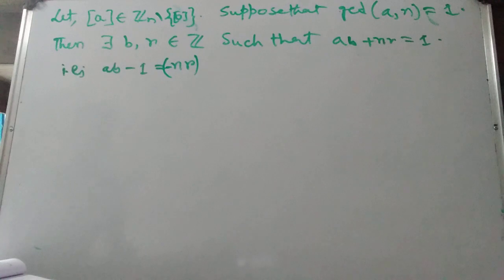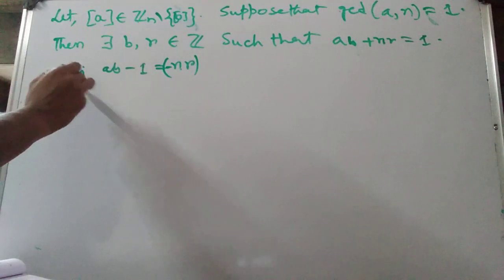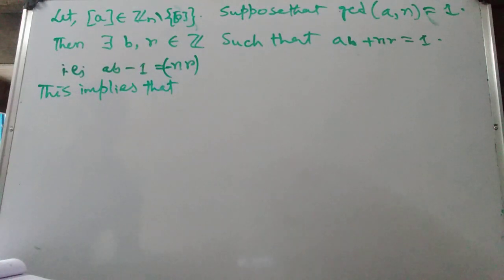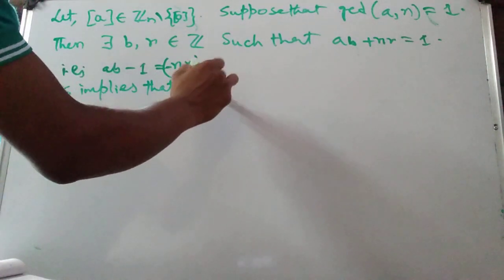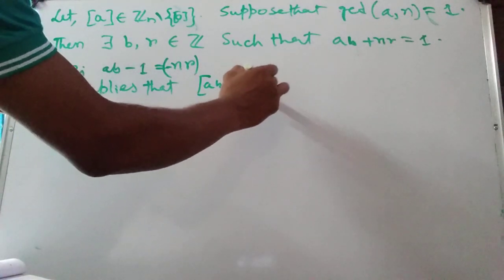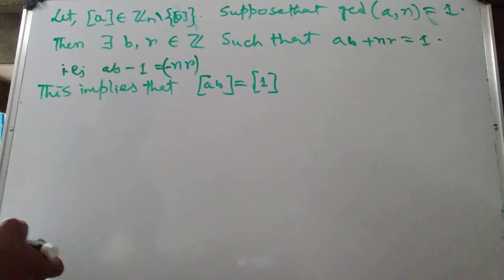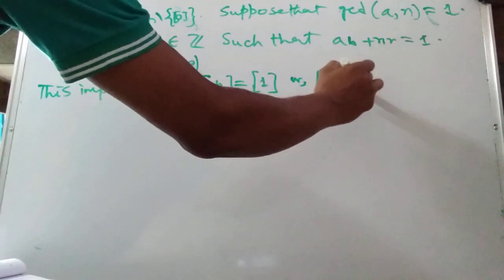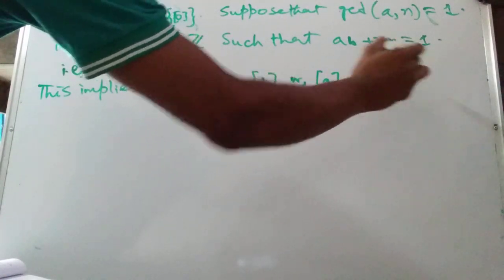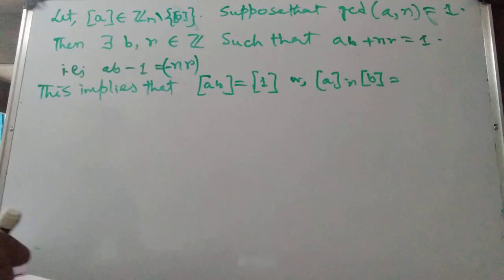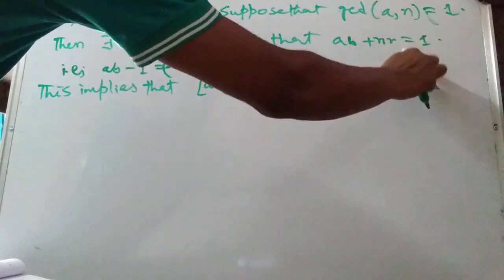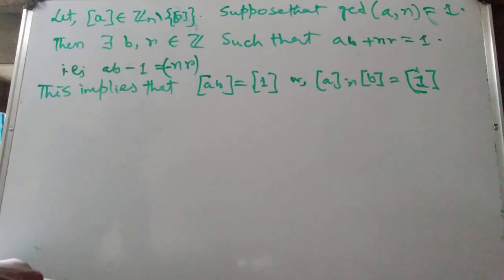This implies that class ab equal to class 1, and class A with respect to multiplication modulo n, class B equal to 1. Understood? Not a problem at all.